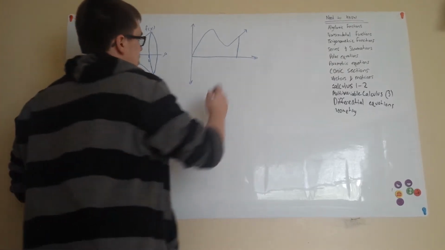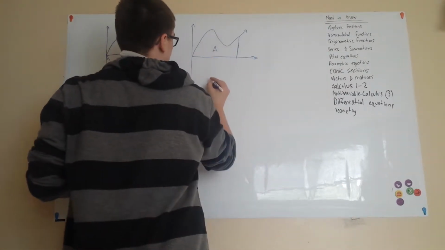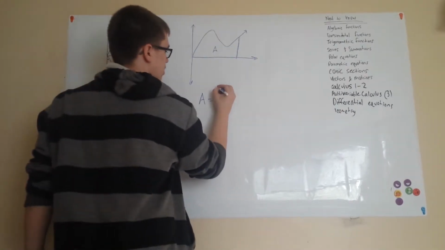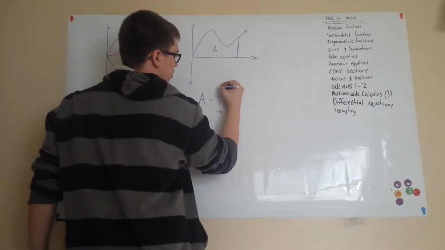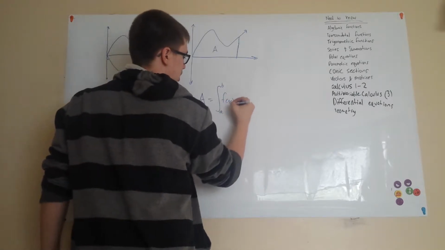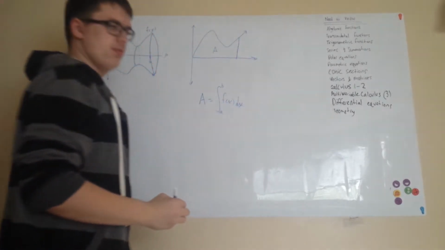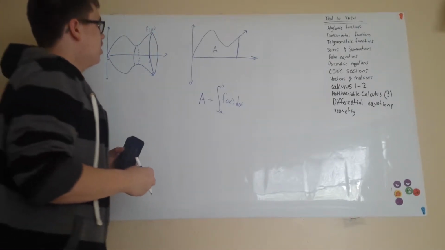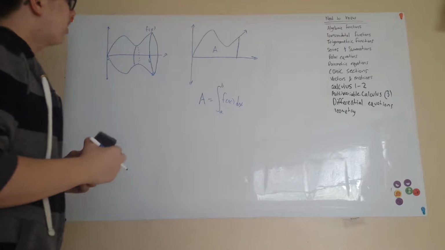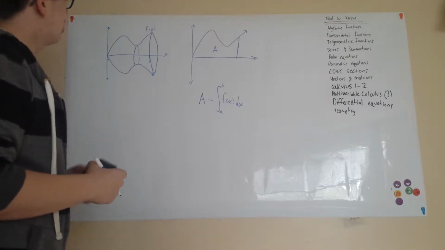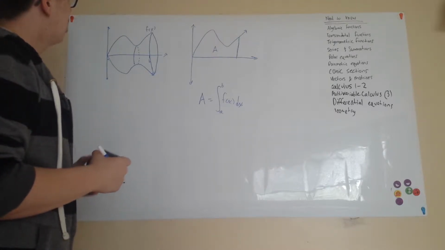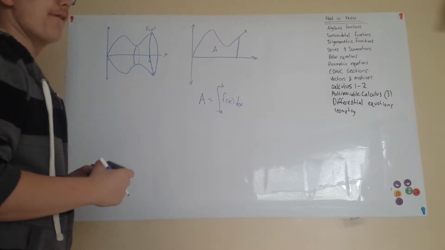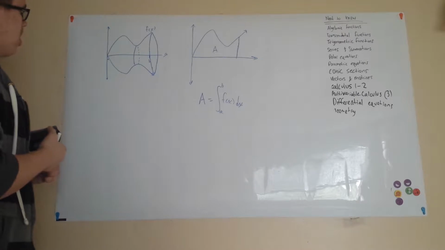So what is this area? What is this area equal to? Well, it's equal to the definite integral from A to B of f of x dx, right? It's just an integral, it's just a definite integral. Okay. How about this?